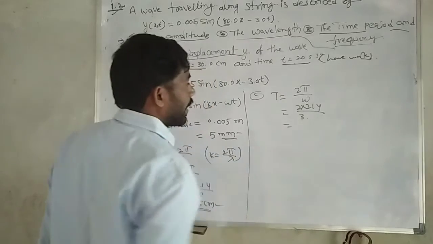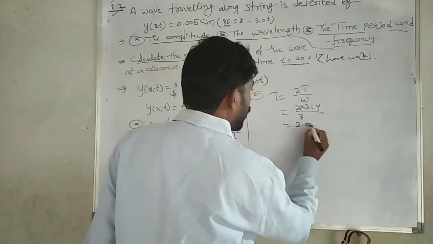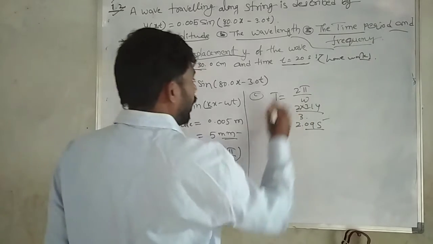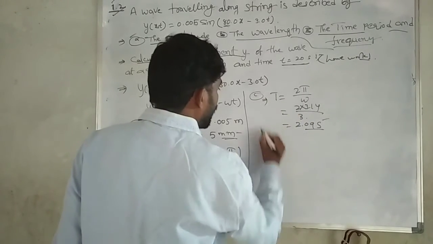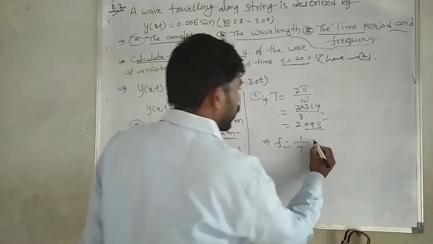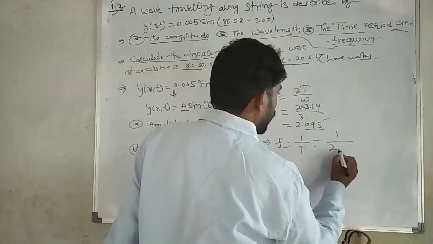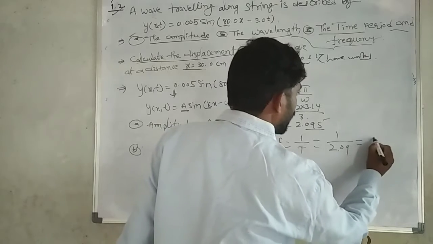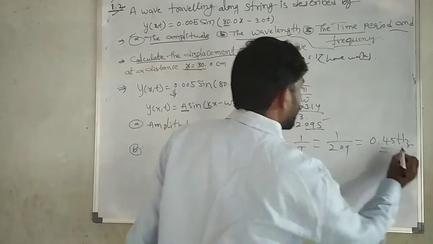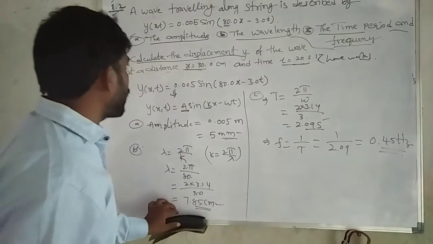So our answer is 2.09 seconds. Then what is the frequency? Frequency f equal to 1 by T. So 1 by 2.09, this value is 0.48 Hz. These are the answers of these problems.